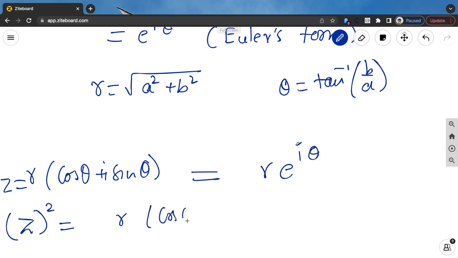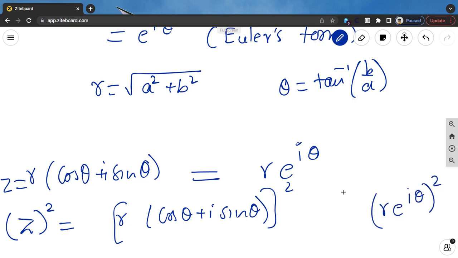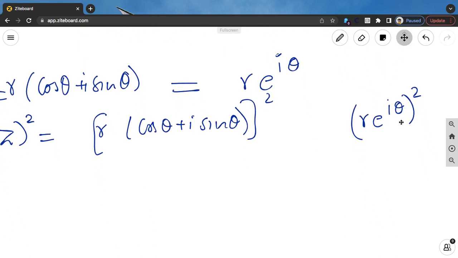Then r cos theta plus i sin theta should also be raised to a power, and r e raised to i theta should also be raised to a power. What happens when, laws of indices, what does it say? The indices get multiplied. So this should have become r square e raised to i 2 theta.